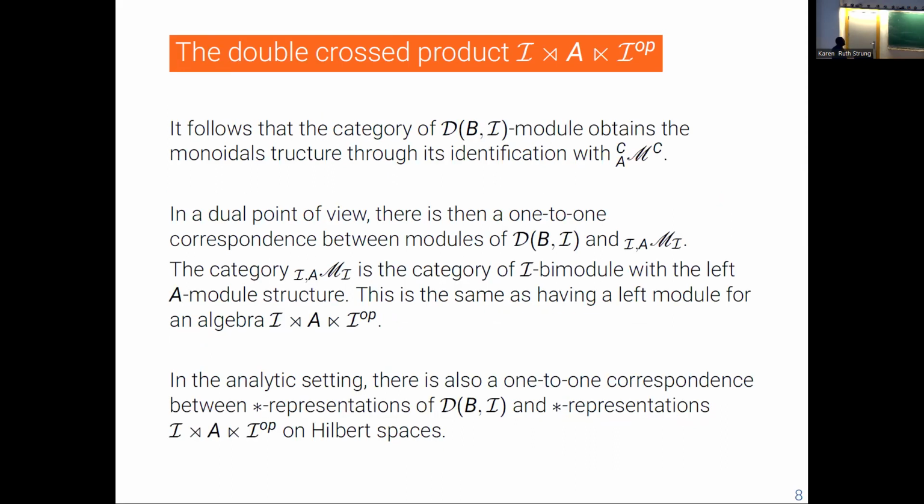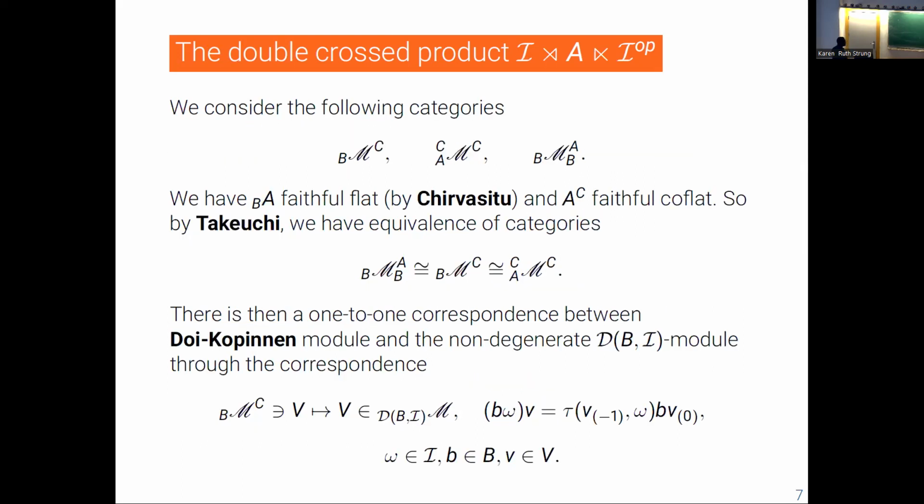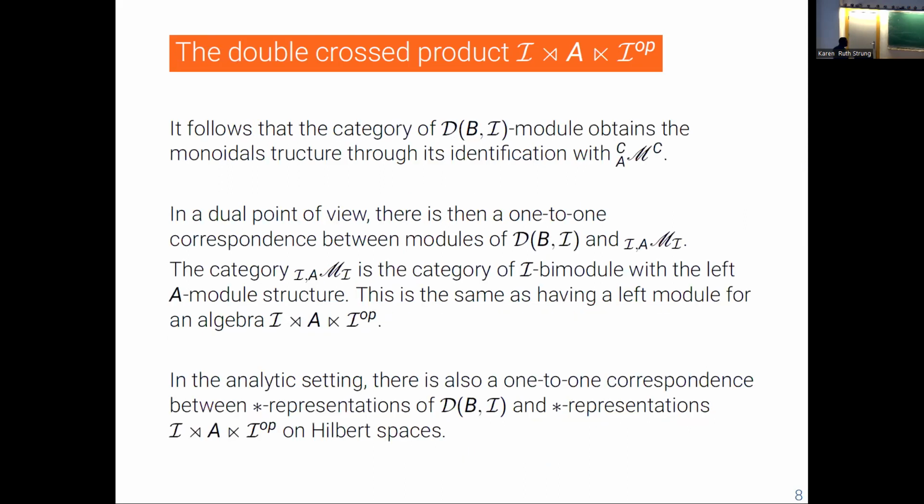It follows that the category of Drinfeld double modules contains the monoidal structure through the identification with this category, as we saw in this equivalence.